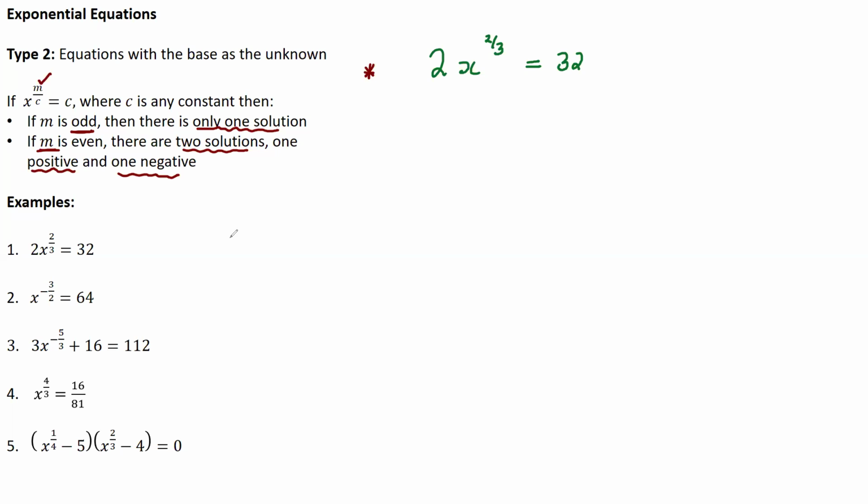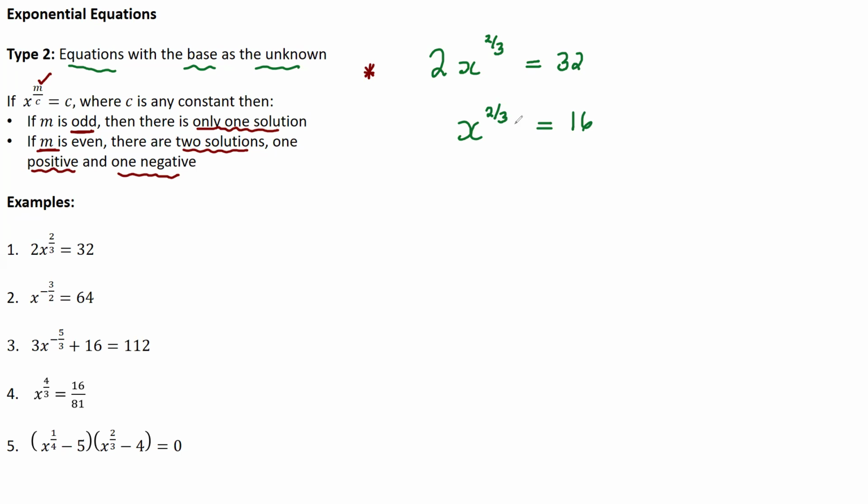Solve for x. Now, the base we don't know, it is x. That's an equation with the base unknown. Let me do math. I can divide both sides by 2, and I'll end up with 16.